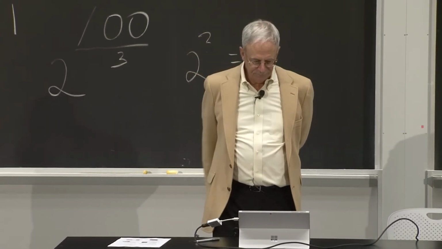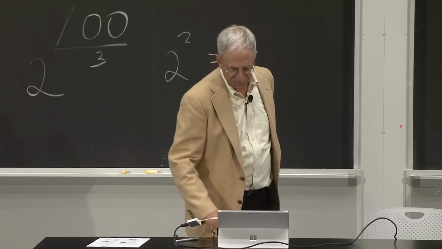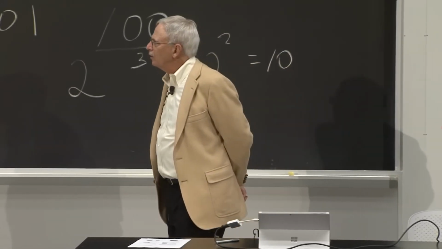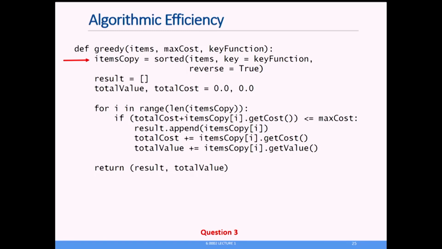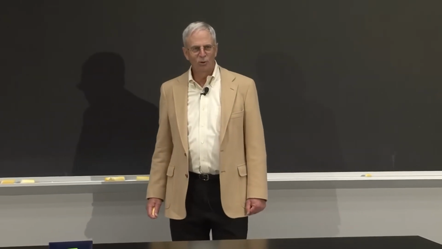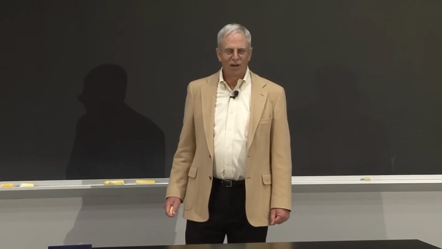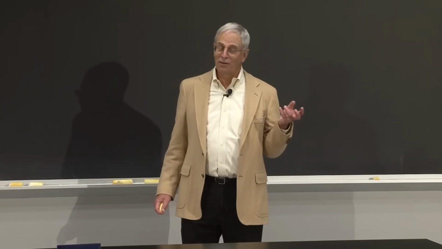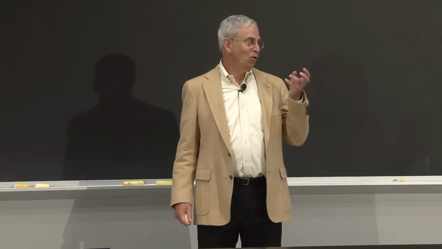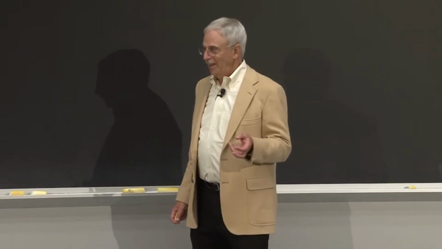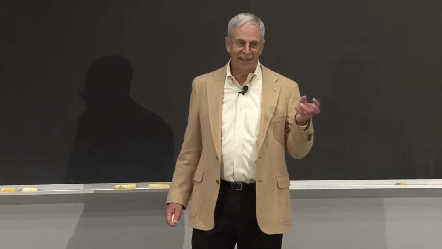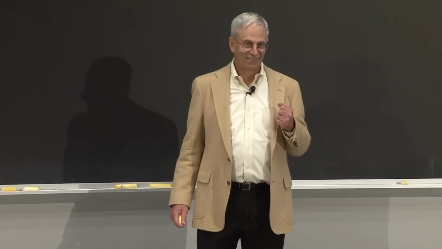Well, let's see where the time goes. The first thing is the sort. I'm going to sort all the items. And we heard from Professor Grimson how long the sort takes. See who remembers. Python uses something called timsort, which is a variant of quicksort, which has the same worst-case complexity as merge sort.